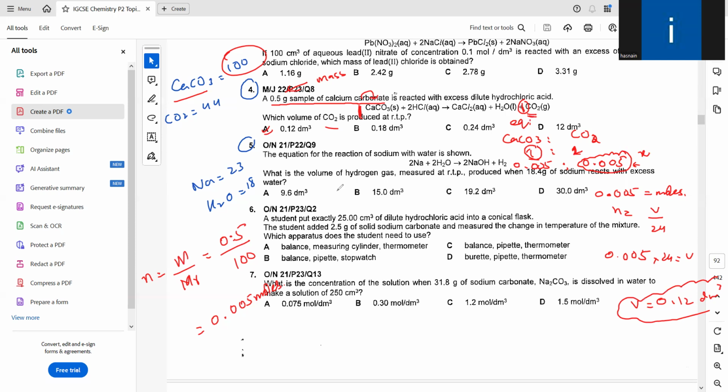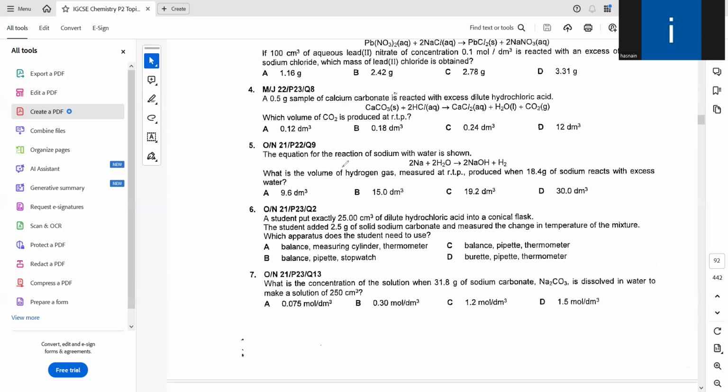Yes, sir. Let's try question five. I'll wait for you guys to solve it. Hassan, I think, has already done it. It says the equation for the reaction of sodium and water is unknown. What is the volume of hydrogen gas when 18.4 grams of sodium reacts with water? So they are interested in hydrogen and sodium.